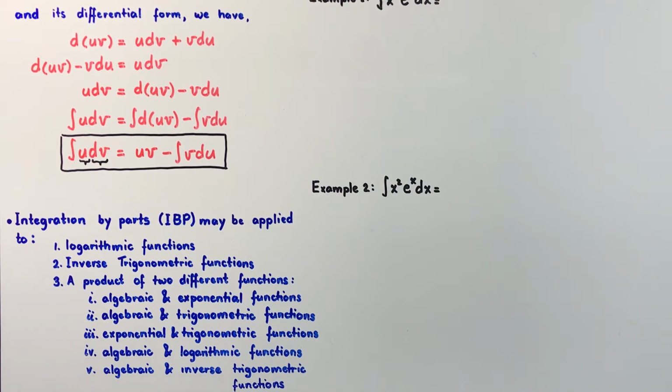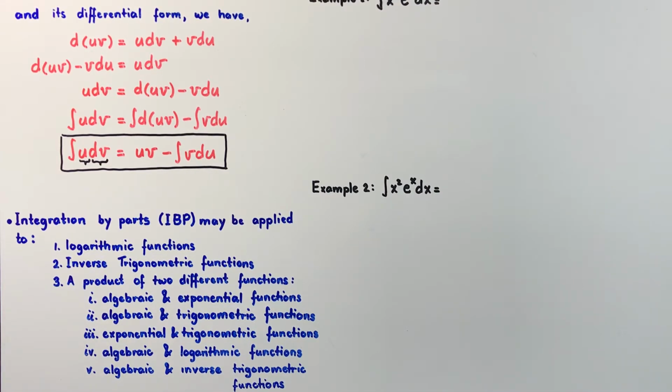So maybe it's a product of an algebraic and an exponential function, or a product of algebraic and trigonometric functions, or an exponential and a trigonometric function, or a product of an algebraic and a logarithmic function, or another case is when you are integrating a product of an algebraic and an inverse trigonometric function.